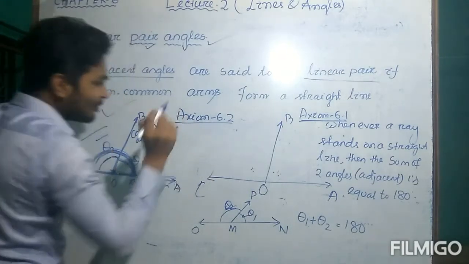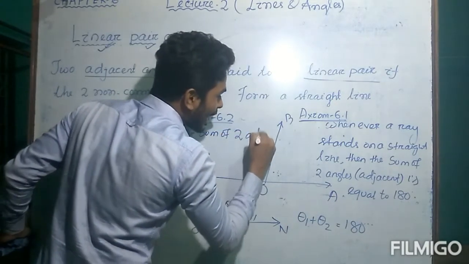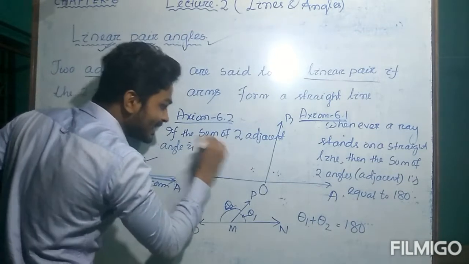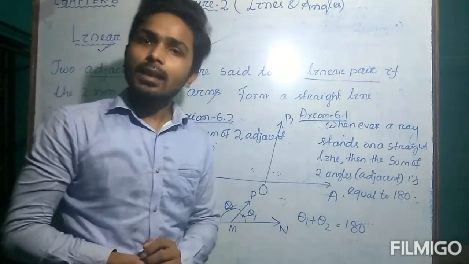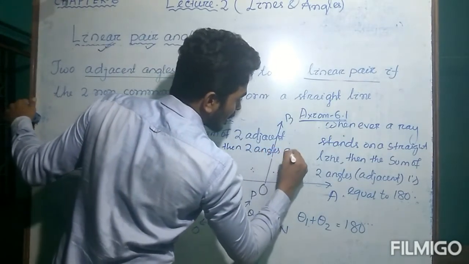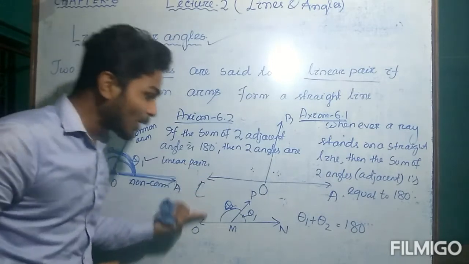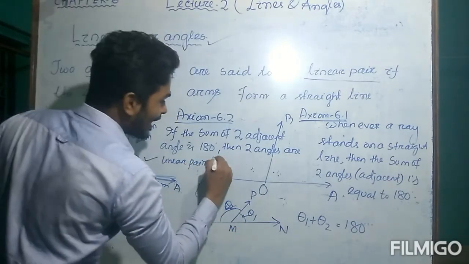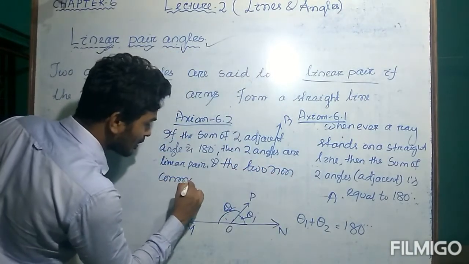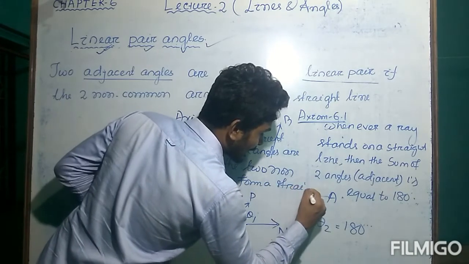So you can write, if the sum of two adjacent angles is 180 degrees, then the two angles are known as linear pair angles, and they will form a straight line, and the two non-common arms form a straight line.